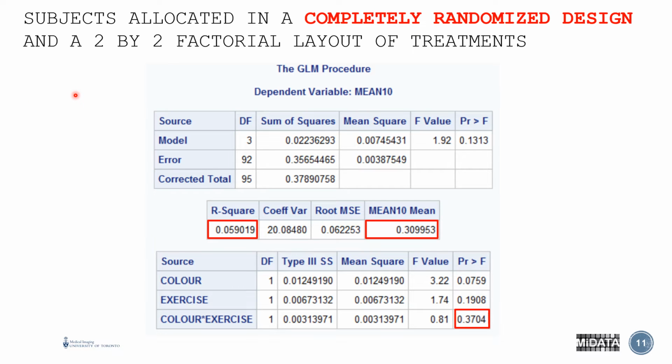Once again, let's look at the Anova output for this completely randomized design with a 2x2 factorial layout. Once again, we're going to look at the overall R square, and you'll see here that it's still the same, about 6%, which is terrible. The mean's the same. The p-value for your model has not changed. When you come down to the independent variables in your model, you have color, exercise, and the interaction.